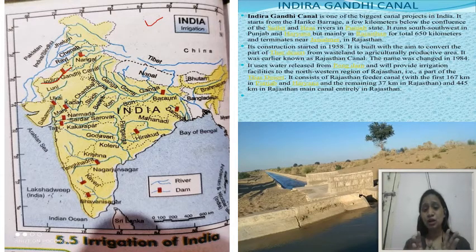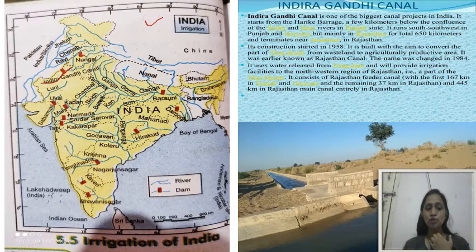The length of the Indira Canal is 9,425 kilometers. And because of this canal, the barren land of Rajasthan also becomes fertile. Okay. So the Indira Canal is one of the biggest canal projects in India. It starts from the Harike barrage a few kilometers below the confluence of the Satluj and the Beas river in Punjab, and it runs to the southwest in Punjab and Haryana, but mainly in Rajasthan.